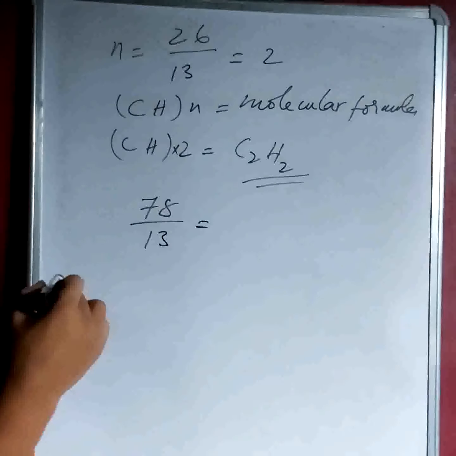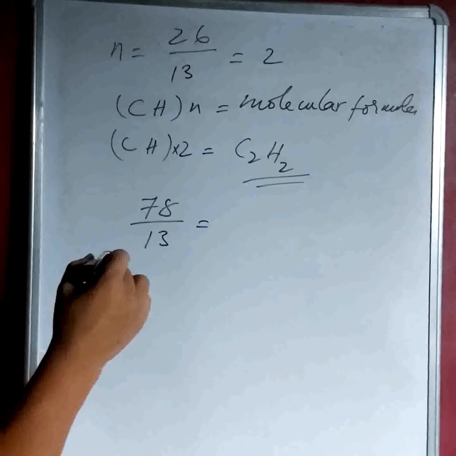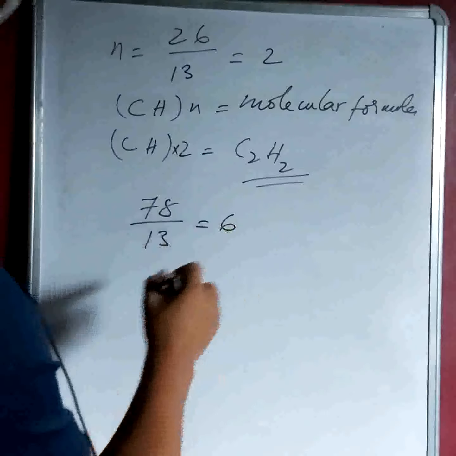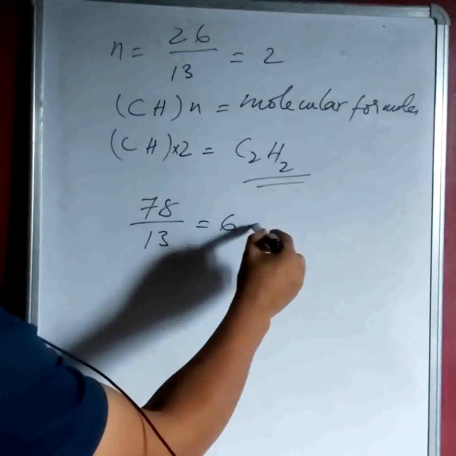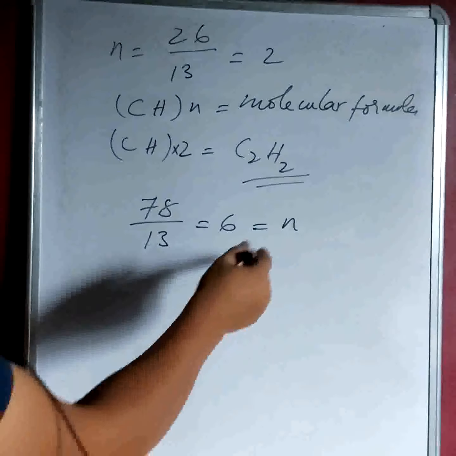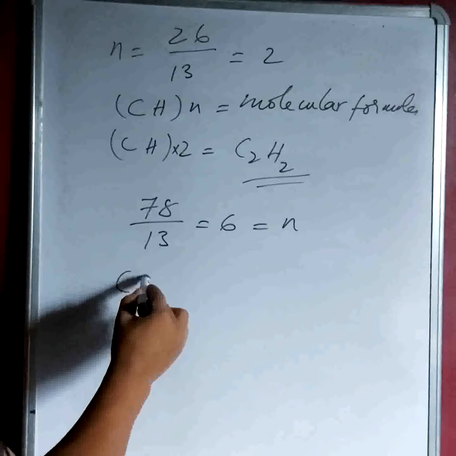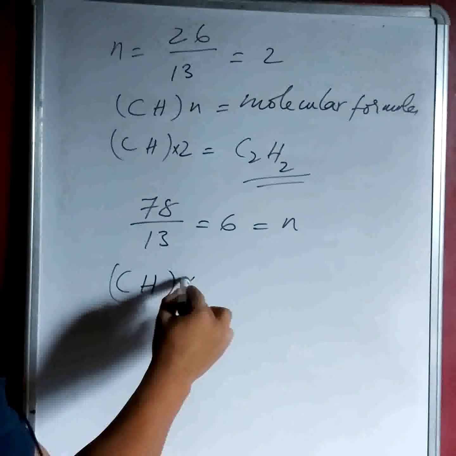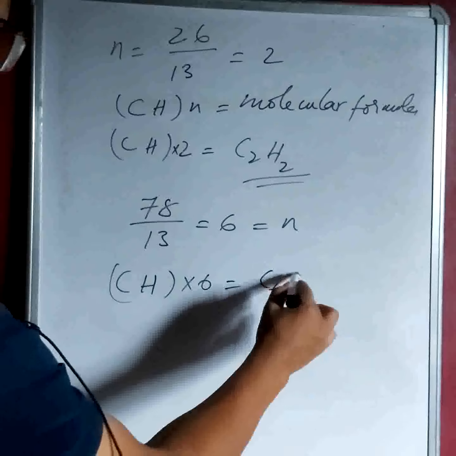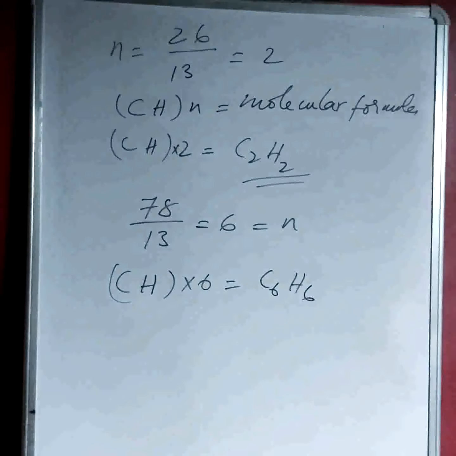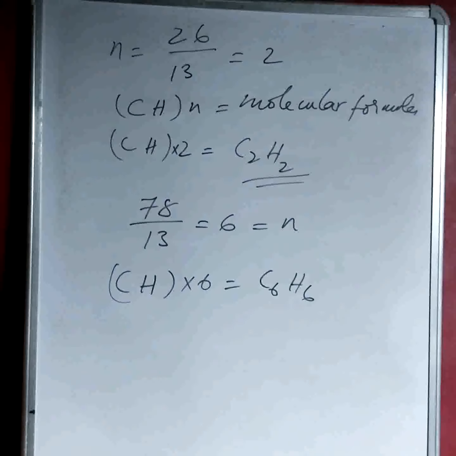So we get 6, which is our n, the unknown entity. If we multiply again, the same way, CH into 6, then we get C6H6 for benzene.